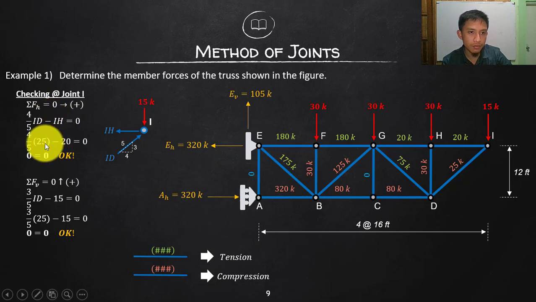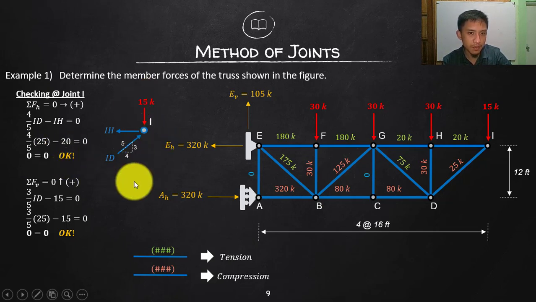Substitute 25: ID is 25, IH is 20. This will become 4/5 of 25 is 20, minus 20 is 0. By satisfying the equation, one side is equal to the other side, so 0 is equal to 0. Yes, that is true. Therefore, we satisfy this one.